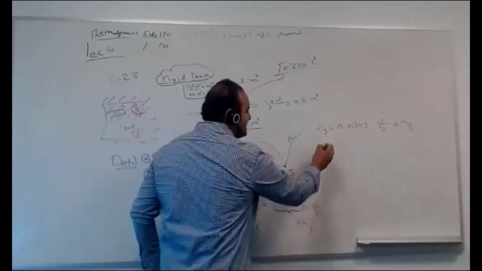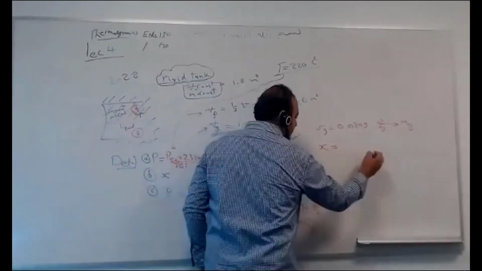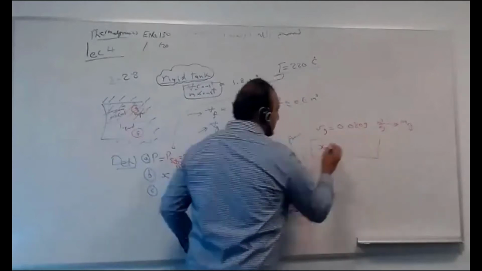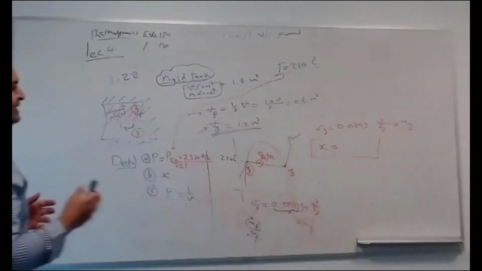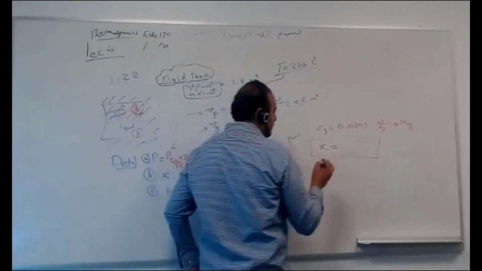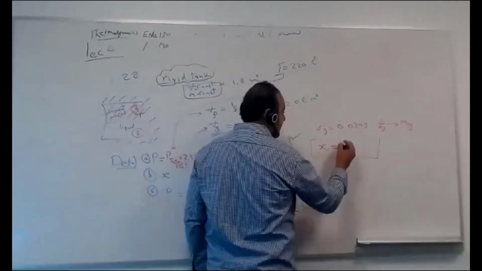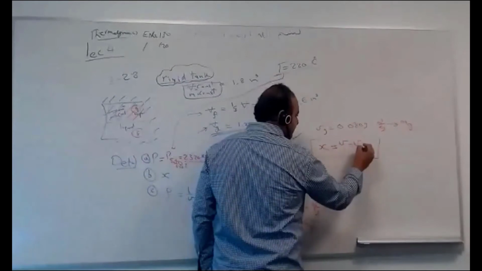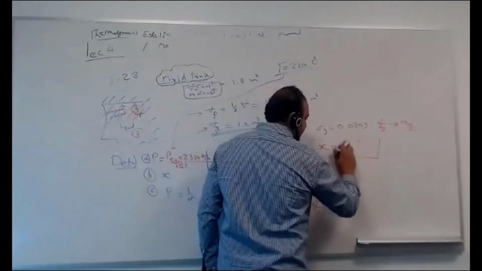So if I want X, somebody tell me the equation of X, guys. What is the definition of quality? V minus VF over VG minus VF. Yes, that's a way, but we don't have VF yet.